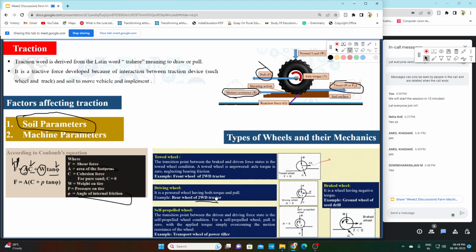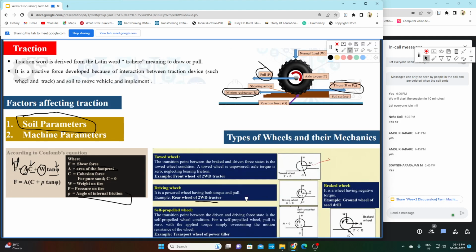There are other 2 types of wheel. One is called self-propelled wheel and another is called braked wheel. What is a self-propelled wheel? A self-propelled wheel is a wheel that has 0 pull. Take any car or any bus, the rear wheels are called self-propelled wheels. The feature of self-propelled wheels is that it has power, there is some torque, but it does not have any pull.